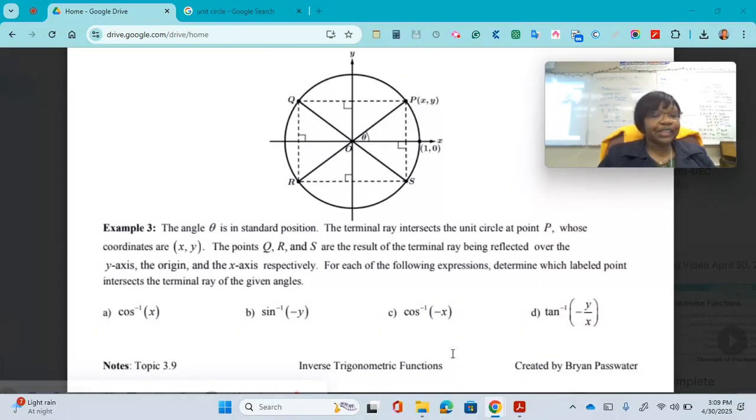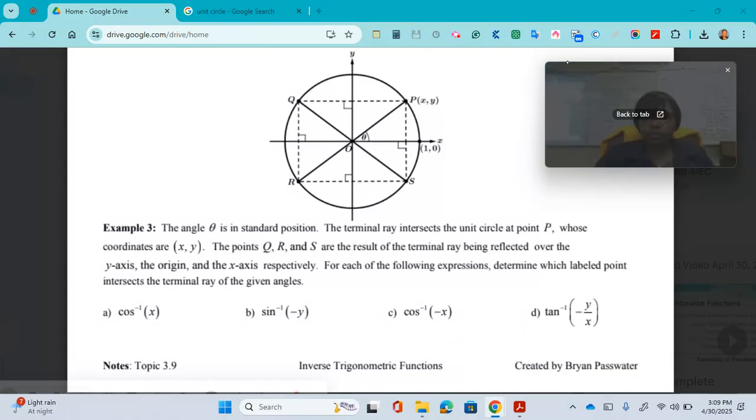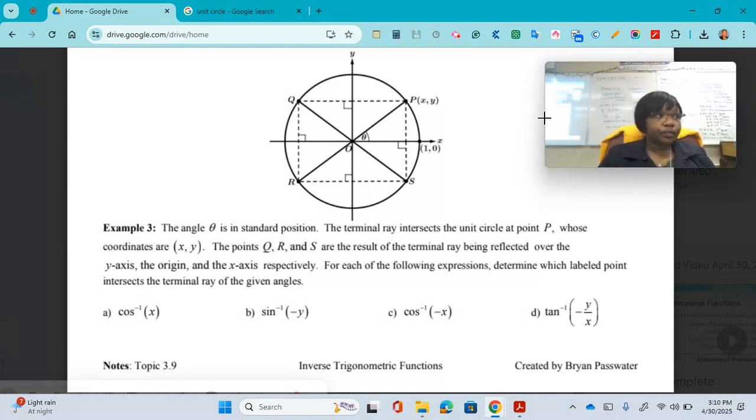So, inverse cosine of x. That means cosine is our what value? Our x value. And what gives us our positive x value? Which variable? Remember, cosine is restricted to what? The top. Okay. We're going to look between what two?